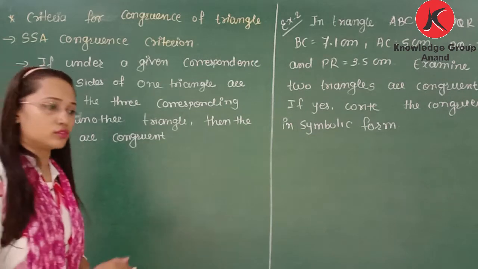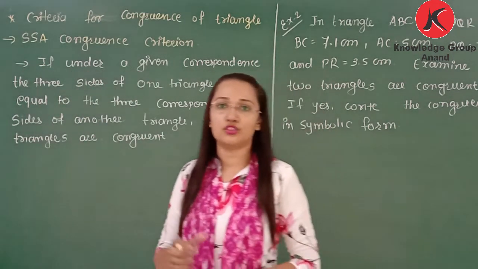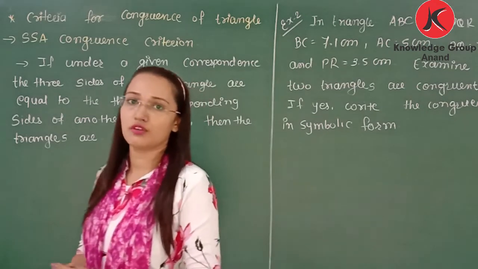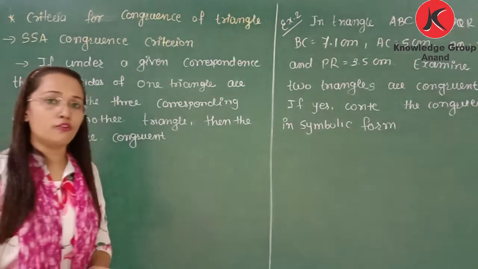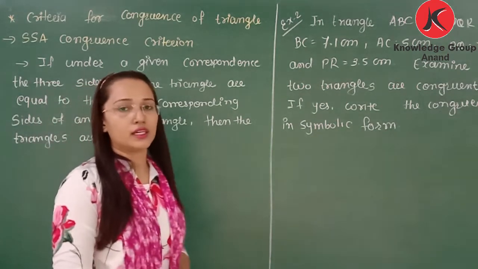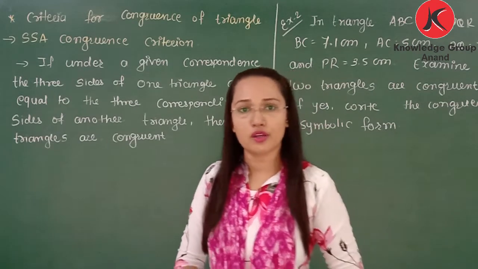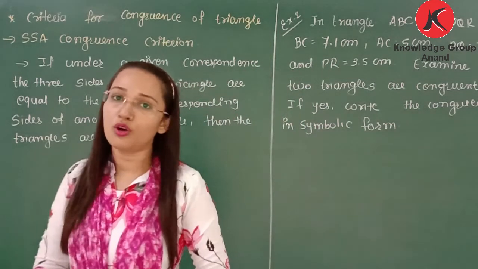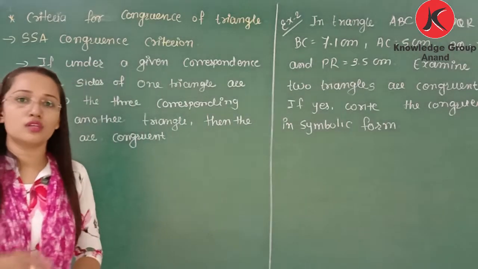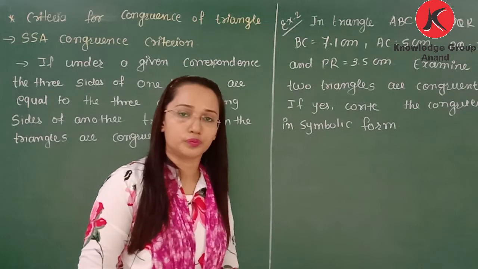Now if I give you the length of one side, for example draw a triangle in which one side is 5 cm, then is it possible that all your triangles are the same? No, it is not possible. Why? Because the other two sides may be unequal.